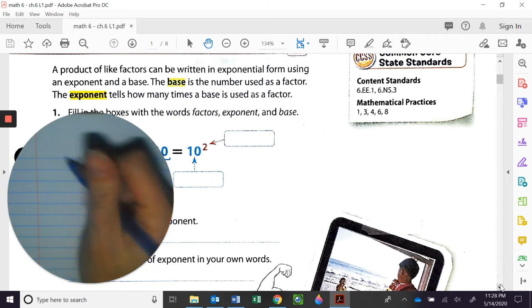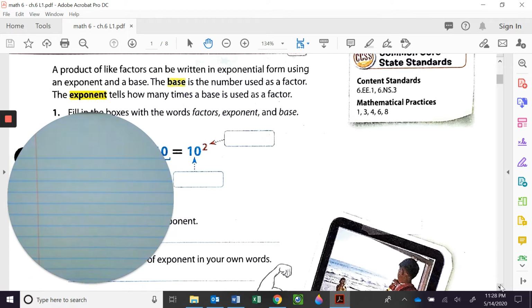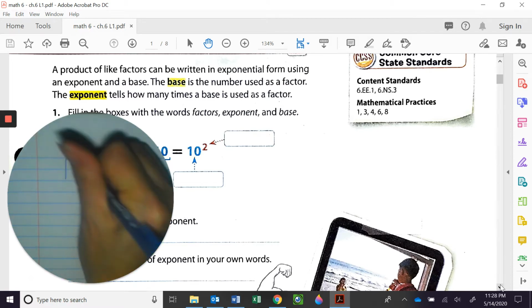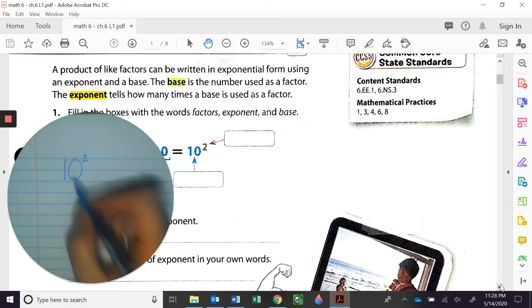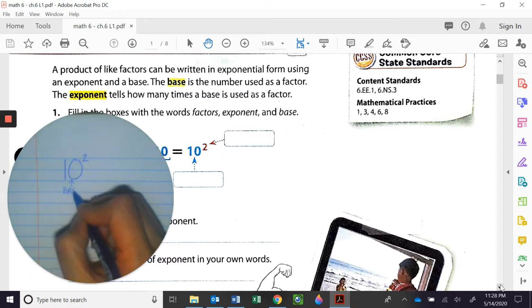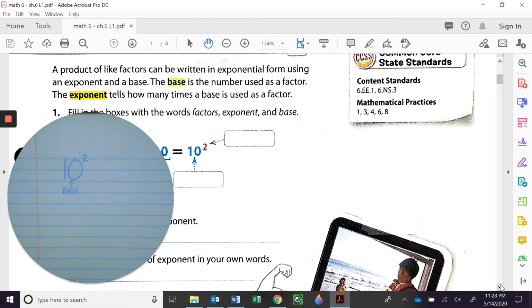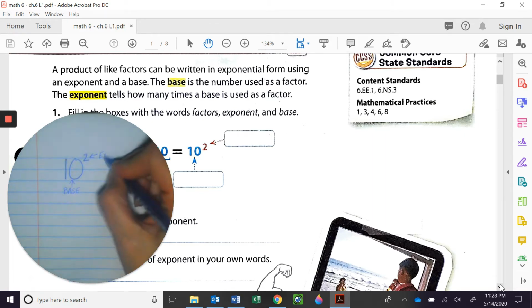An exponent is the number that tells us how many times we need to multiply the base number. So if we have 10 to the second power, the 10 is the base, the 2 is the exponent.